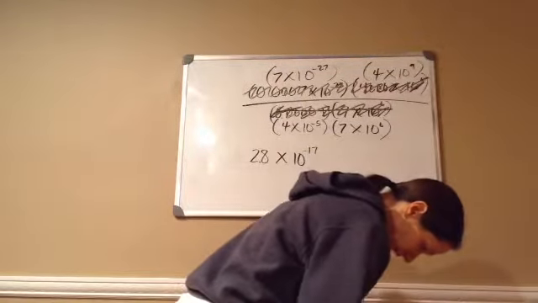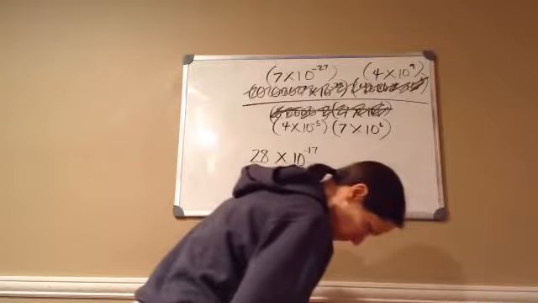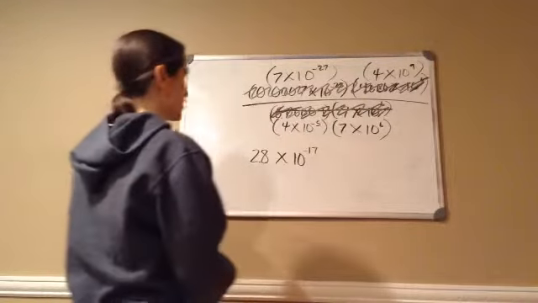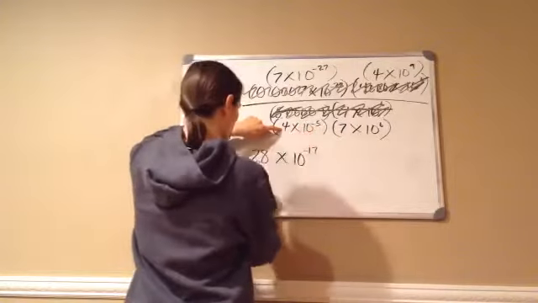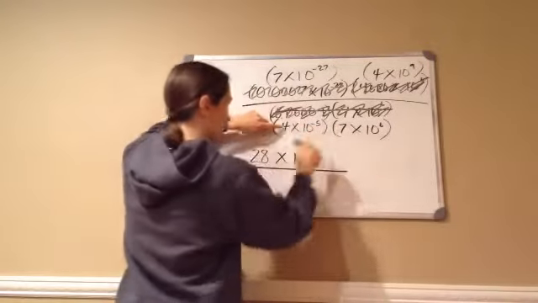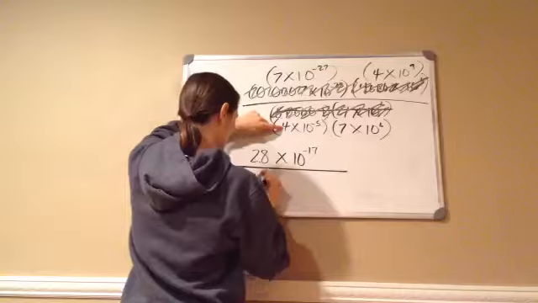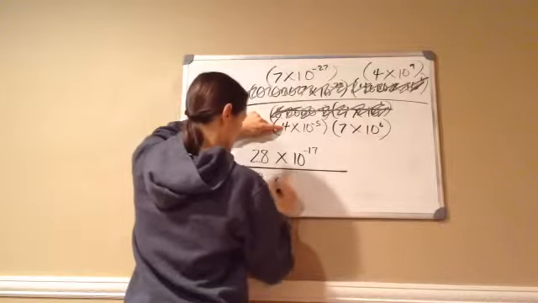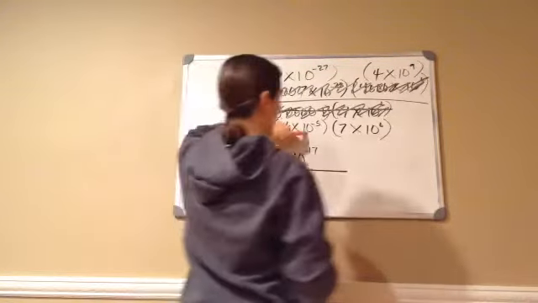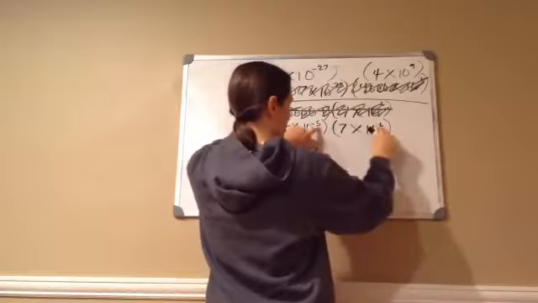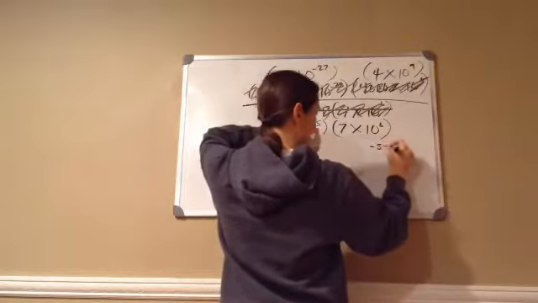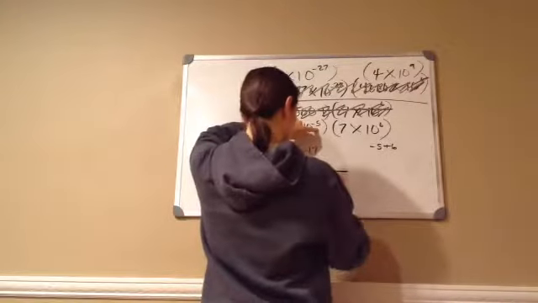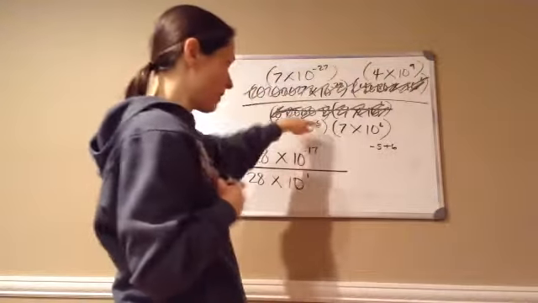Okay? Now, let's do the next one. Okay? Again, 4 times 7. Let me go ahead and put this over. Okay? So now 7 times 4 is 28 times 10. And then, remember, you're going to multiply, which really means you're going to add the exponents. So this is negative 5 plus 6. So it's to the 1 power.